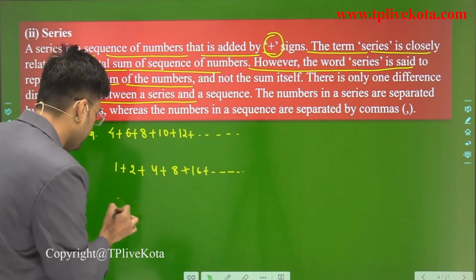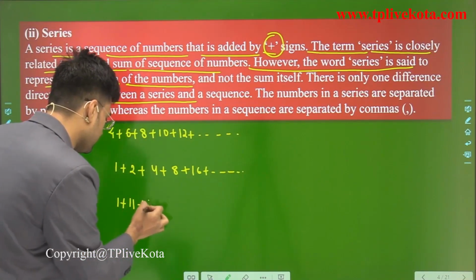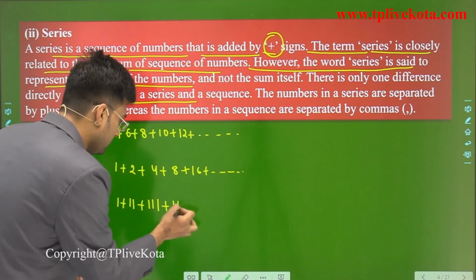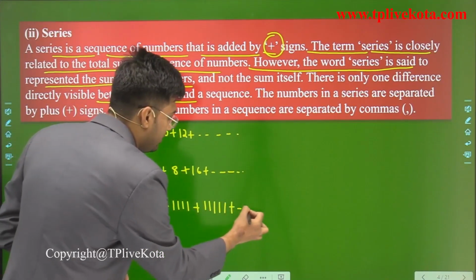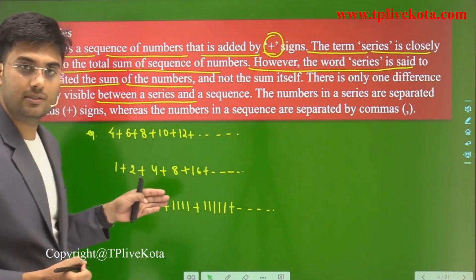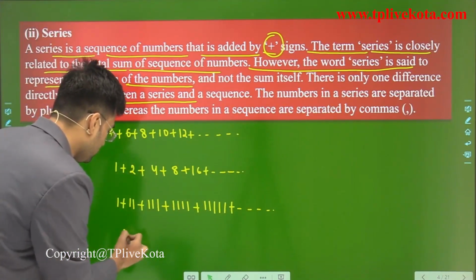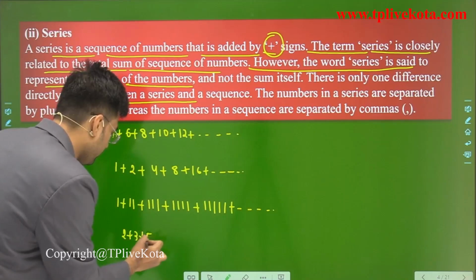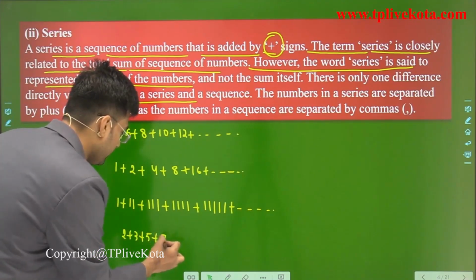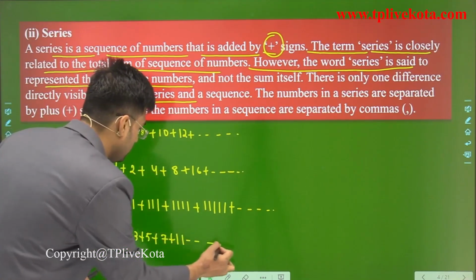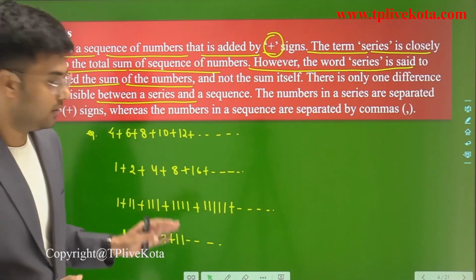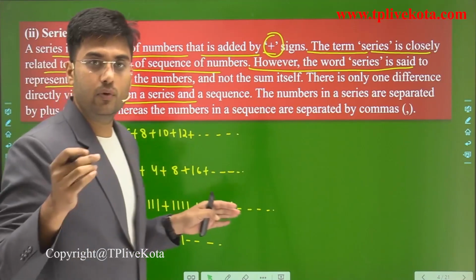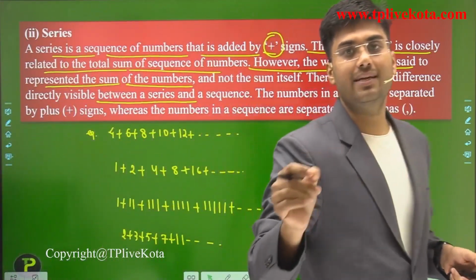If I write 1 plus 11 plus 111 plus 1111 plus so on, this is also a series. If I write 2 plus 3 plus 5 plus 7 plus 11 and so on, these are all examples of series. Clear? So students, now I hope you understand the sequence and series.